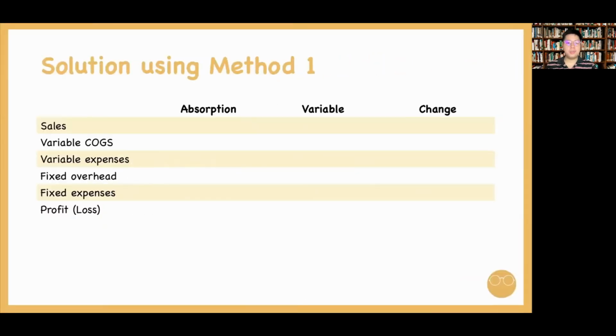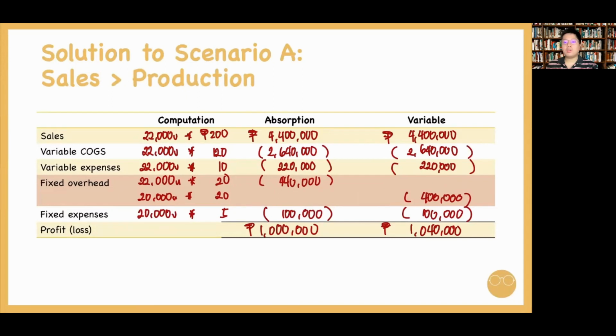Let us have our solution for the direct reconciliation. We should be able to get the difference in the amount of fixed overhead under the two methods, as shown below. If you take a look at module 3.1.2, the sales, variable cost of goods sold, variable expense, and fixed expenses are the same for absorption costing and variable costing.